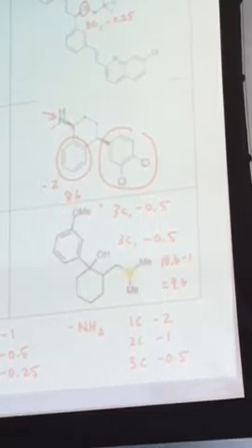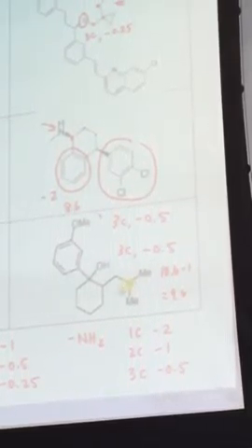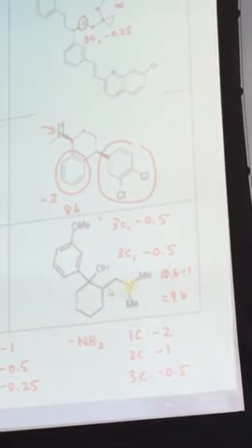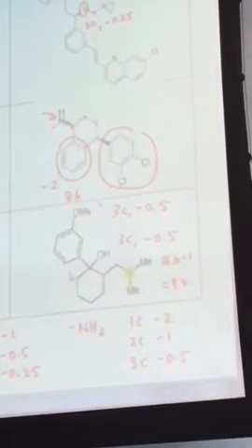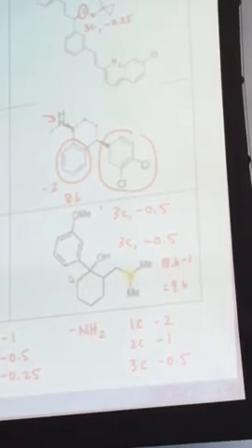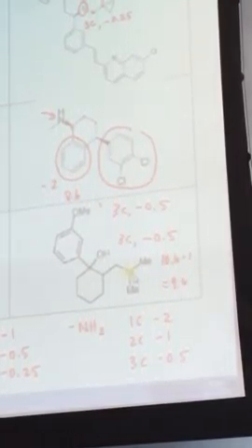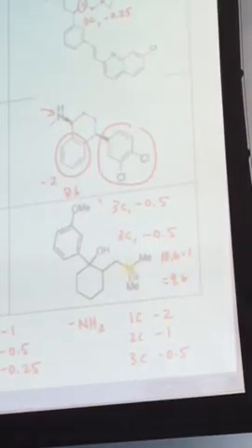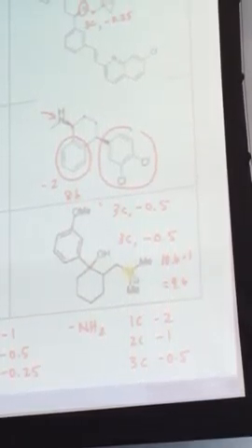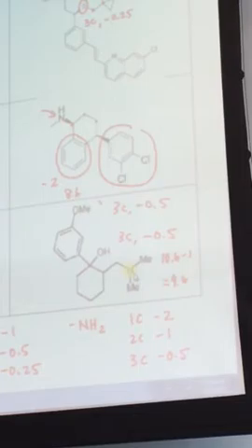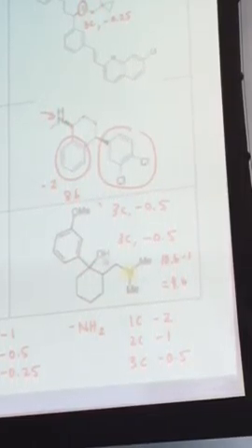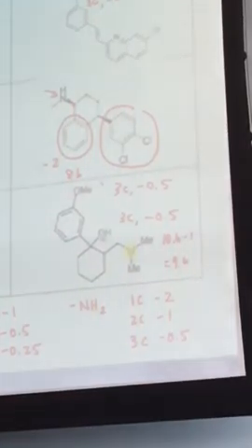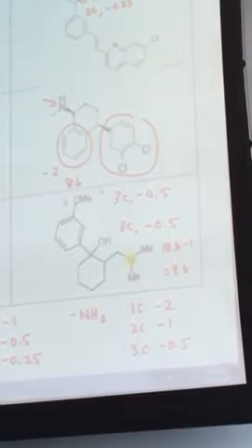Okay, so use the pointer. So this is 1 carbon, 2, 3 carbons. And then this is the group 3 carbons away from the ionizable group, from the nitrogen end. So you look at both of them. For this one, you're looking at the hydroxyl group, the OH, as well as this. Okay.